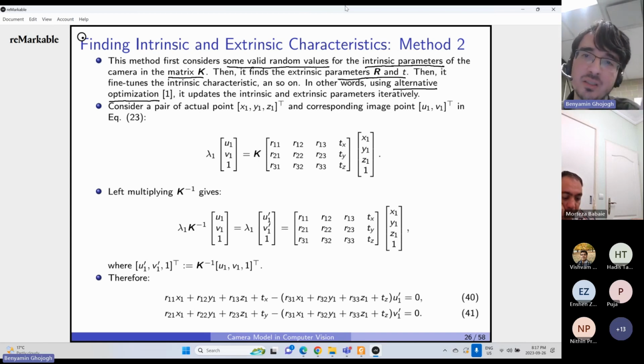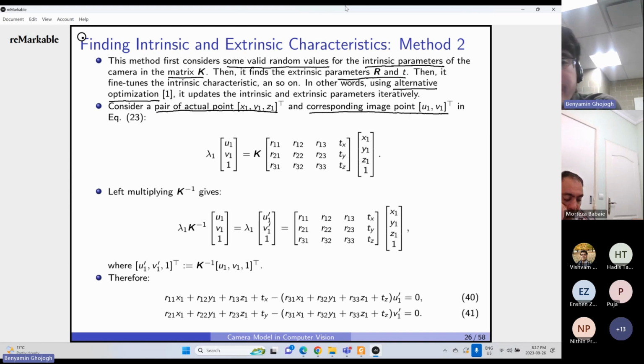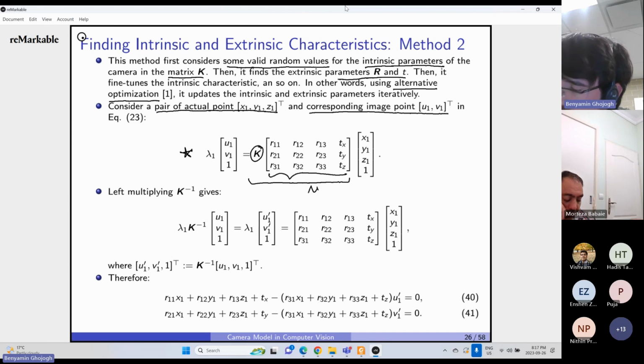Then after finding the intrinsic parameters, it fine tunes the extrinsic parameters again. It does that iteratively. Okay, let's see. Consider a pair of actual point, x1, y1, z1, and corresponding image point, u1, v1. Okay, so let's use the famous mapping equation that we saw. We had K, we had rotation and translation. The whole thing was the mapping matrix, right?